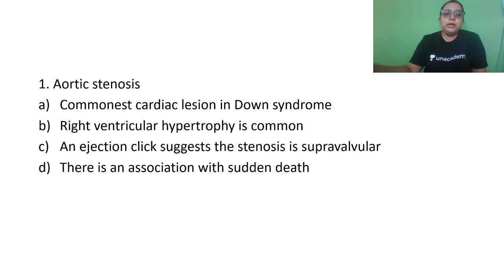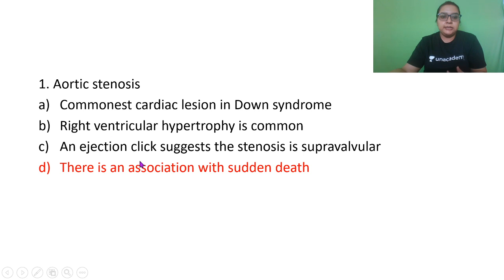Okay. Dr. Dilpreet, over here I would like to tell you one thing, that aortic stenosis constitutes only about 5% of the cardiac lesions as far as Down syndrome is concerned. Right ventricular hypertrophy, of course, is not expected because it's an aortic stenosis.